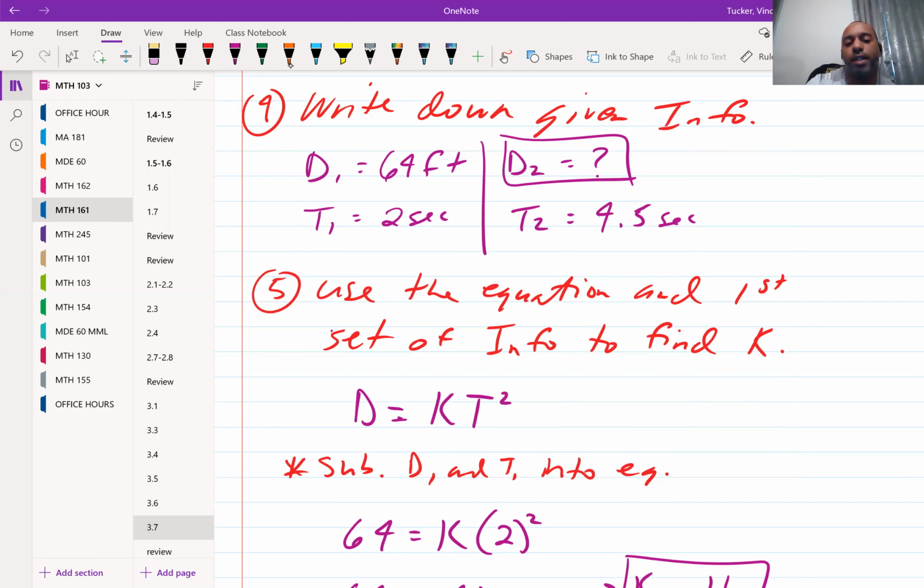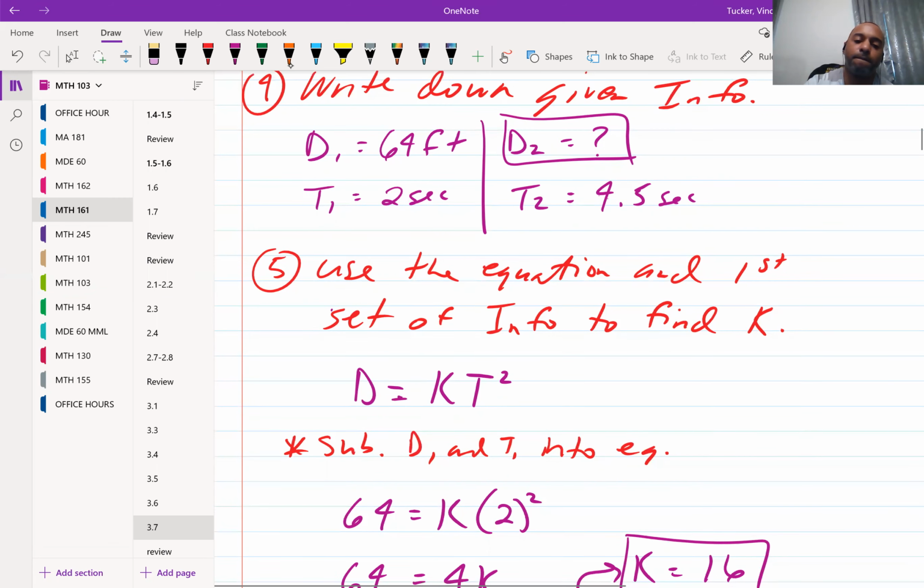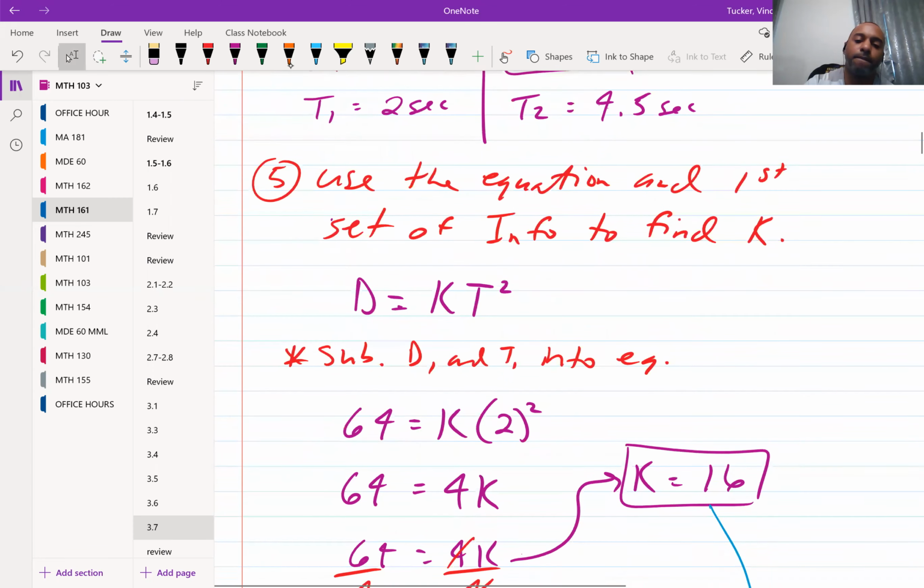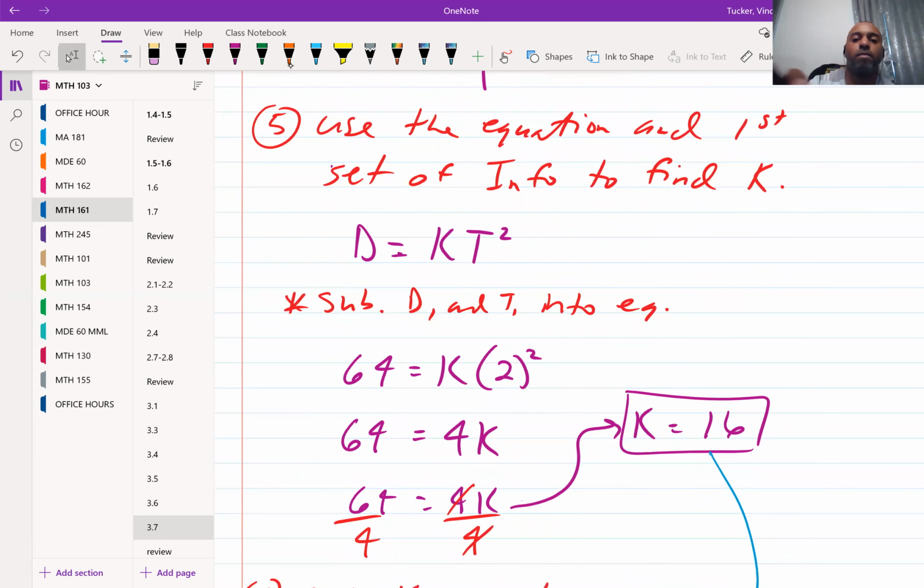So 64 for D, 2 for T. So you're going to substitute in D1 and T1 into the equation and solve for K. Any problems?